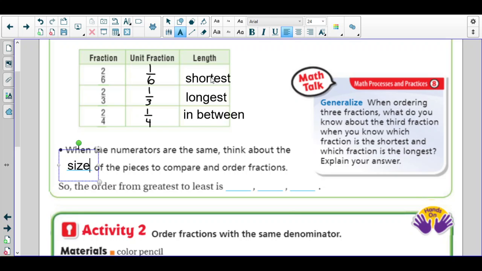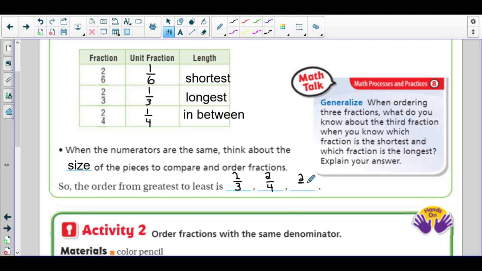All right, so this is the shortest, that's the longest, and then 1/4 is the one that's in between. So from greatest to least is going to be 2/3. And then 2/4. And then finally 2/6.